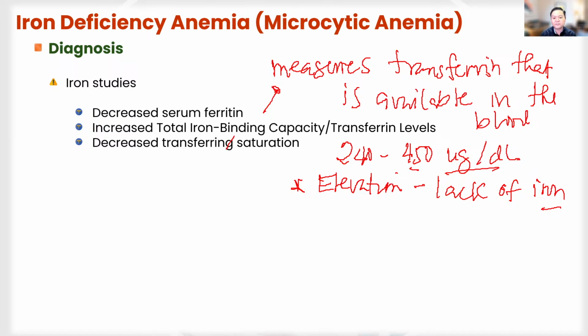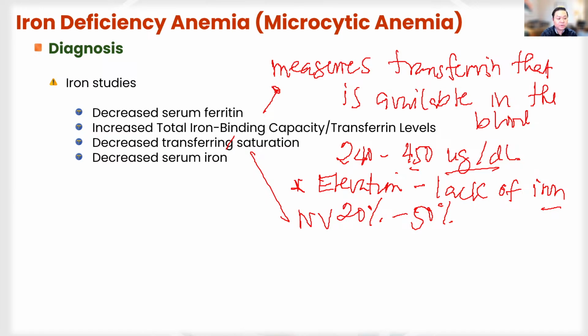Decreased transferrin saturation. So what does that mean? Basically, the normal reference range here will be about 20% to 50%. If there is a reduction of less than 20%, then of course there is already a problem in the iron level in the body. Another is the decreased serum iron level itself.